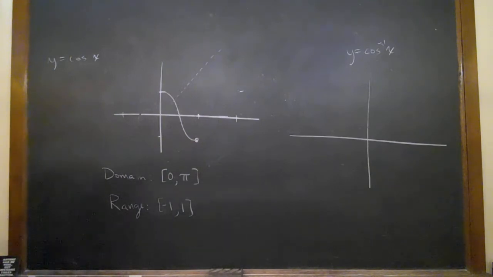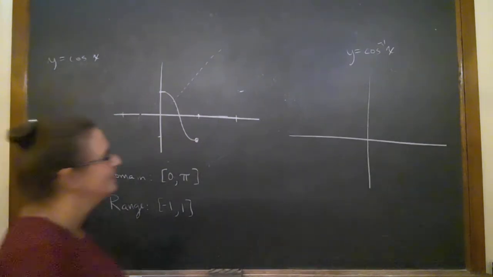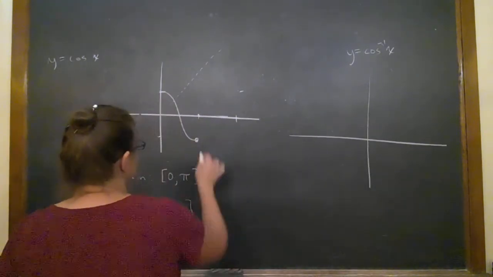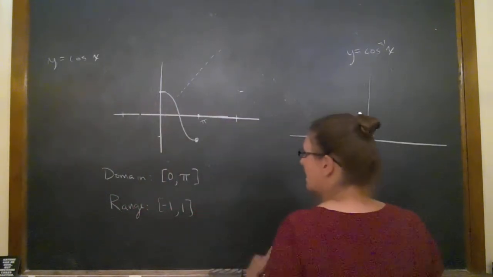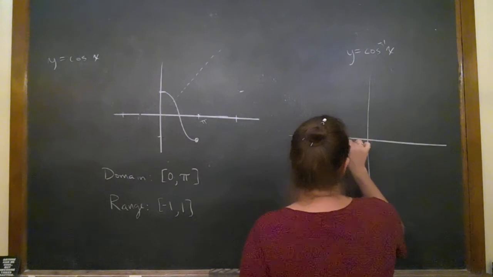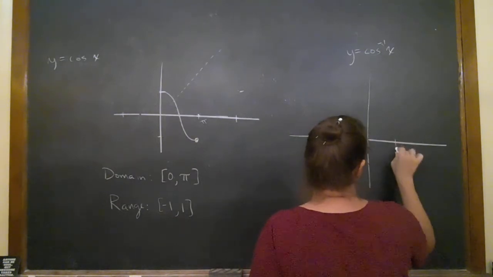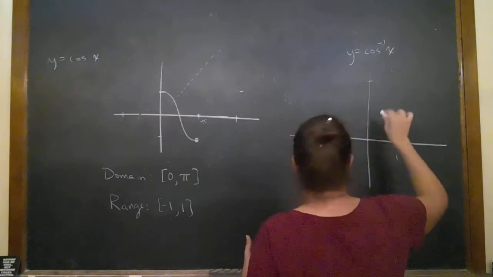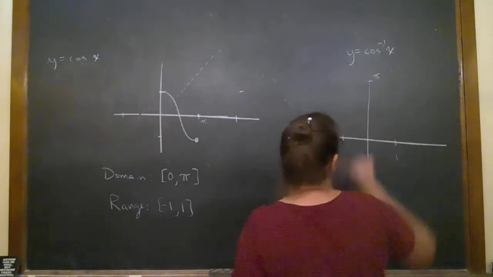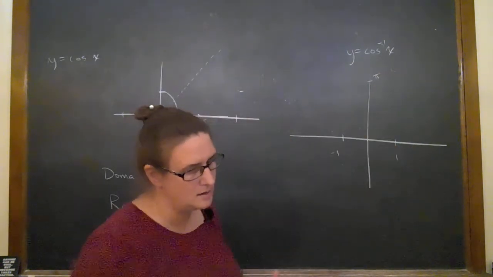So it's really weird. So this is pi. So again, my range becomes my domain. So this becomes -1 to 1. And my domain becomes my range. So this is 0 to pi.